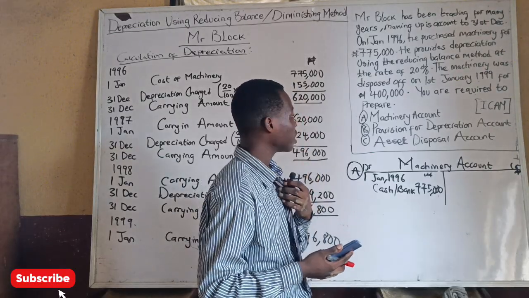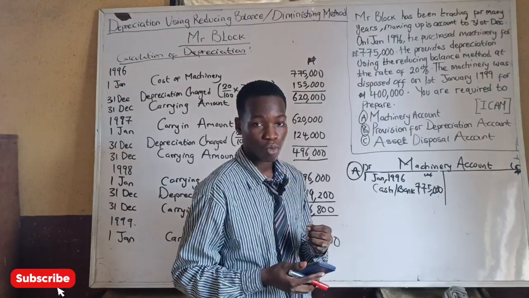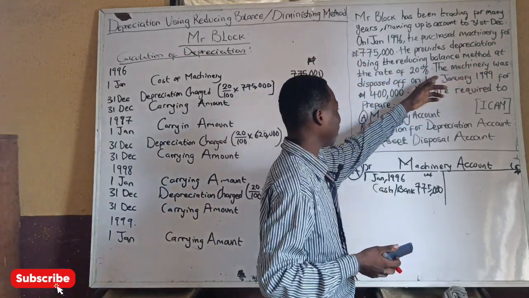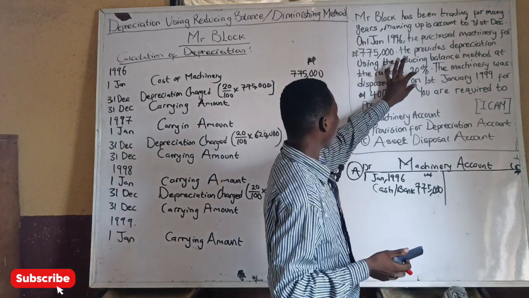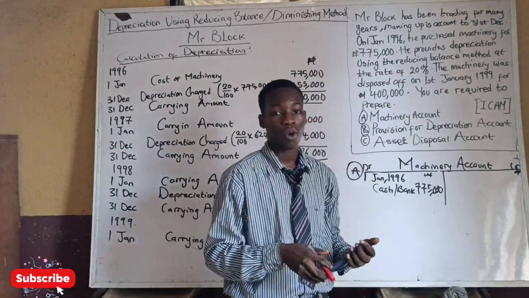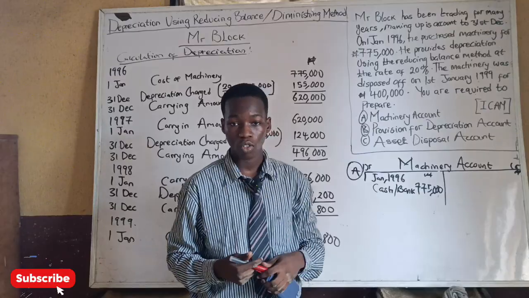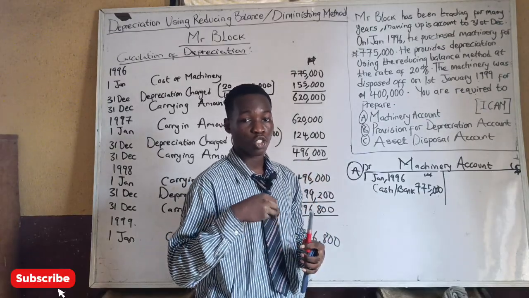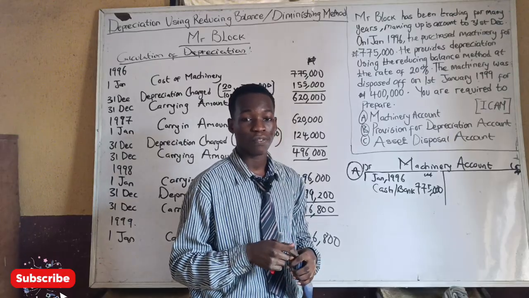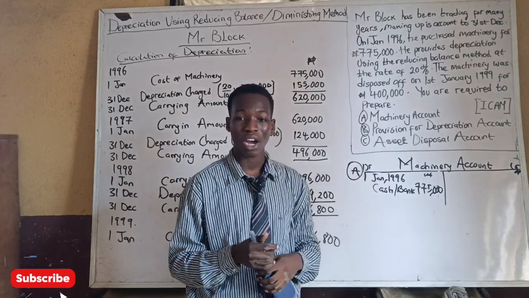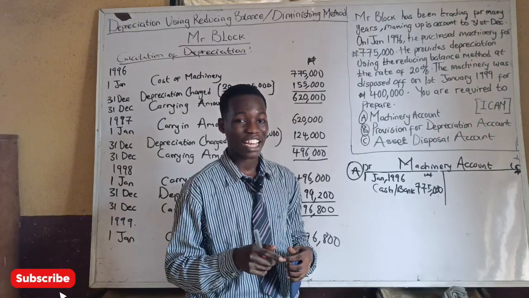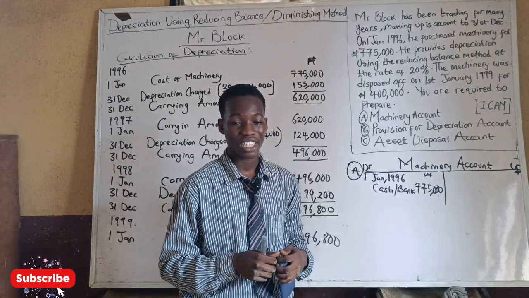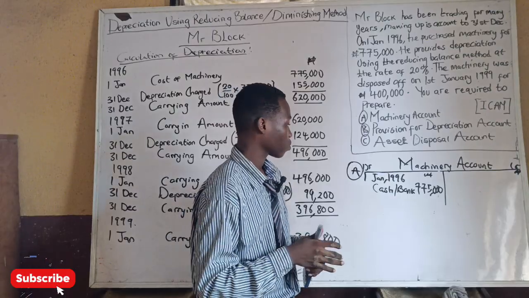asset disposal account. The reason why we are having the asset disposal account at the credit side is that we were told that at the end, we disposed of the asset. The asset disposal account is a temporary account which we use when an asset is being sold. So for the sales of fixed assets or non-current assets, we use the asset disposal account.